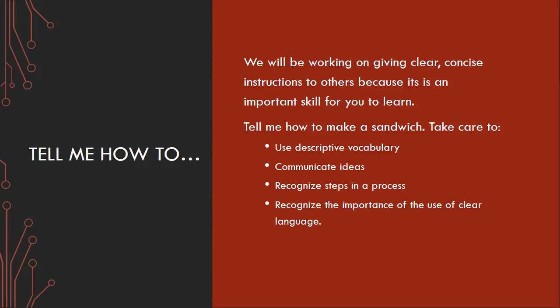Because guess what? When we are in our studio, guess who we are giving directions to? We are giving directions to the computer, to a robot. Therefore, we need to be very specific for the robot.